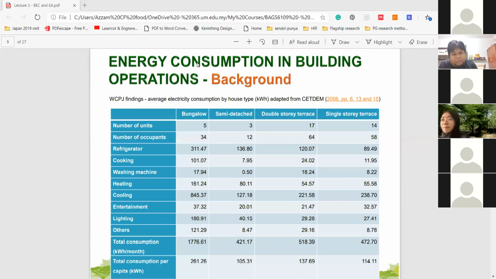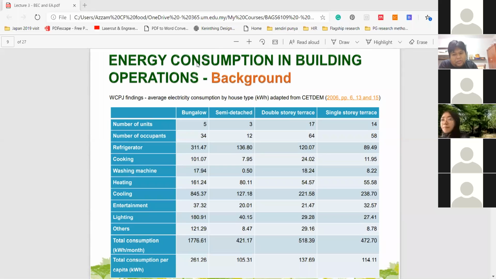So there were a couple of studies which were done quite a while ago, okay? And since then there have been very, very few community-wide studies looking into how people use electricity. The couple of studies here were done by CETDEM, the Center of Energy Technology Development in Malaysia, located somewhere here in PJ.